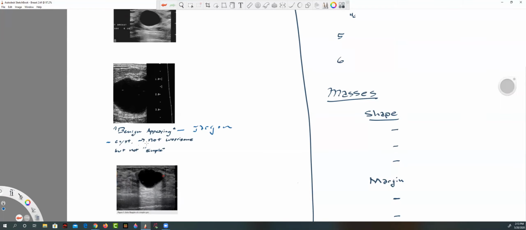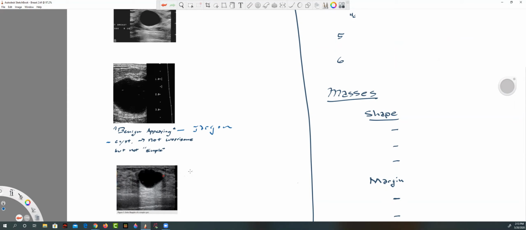Benign appearing, even though it's not simple, it still looks benign. Because you don't want the ordering physician to say, "Oh my gosh, there's a complex cyst in the breast," and then the doctor's saying, "Yeah, it's technically complex, but look, it's nothing." And so the ordering physician doesn't freak out.